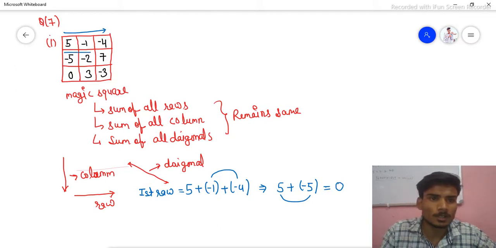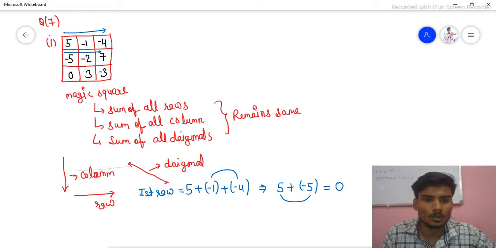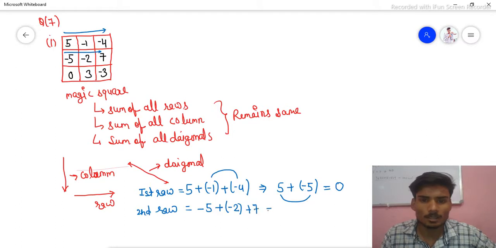Then the sum along the second row, that is minus 5 plus minus 2 plus 7. Minus 5 and minus 2 will be minus 7, and plus 7, so minus 7 and plus 7 will be 0.